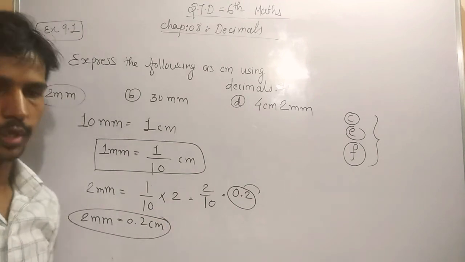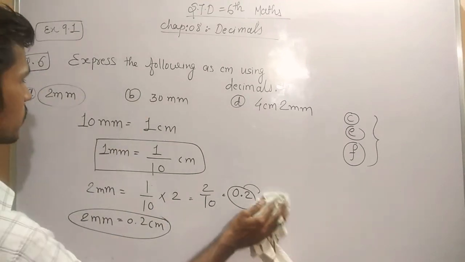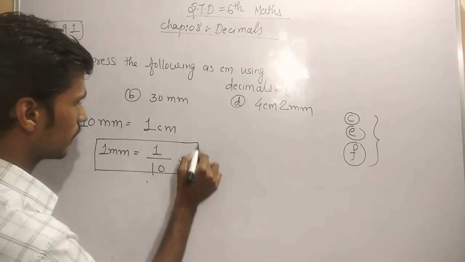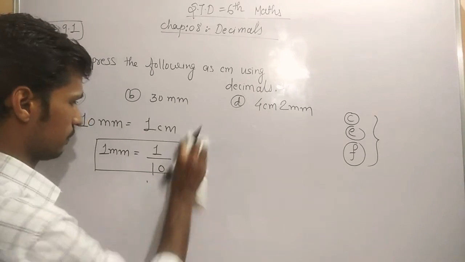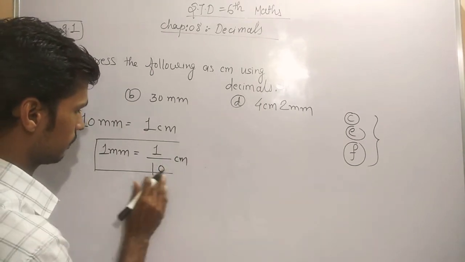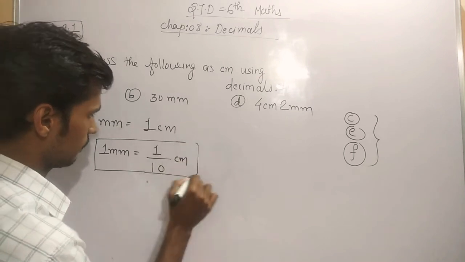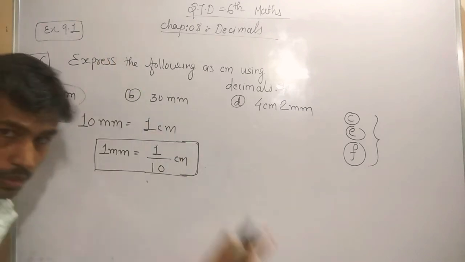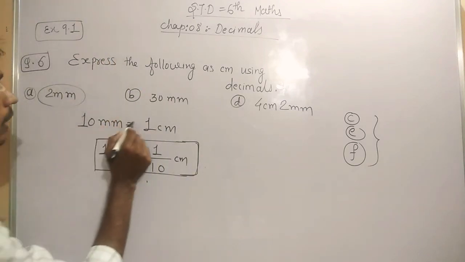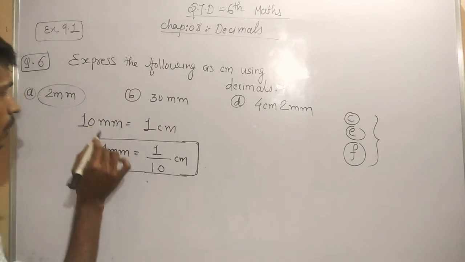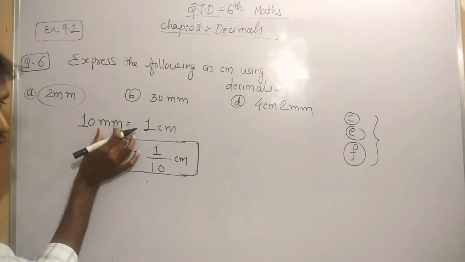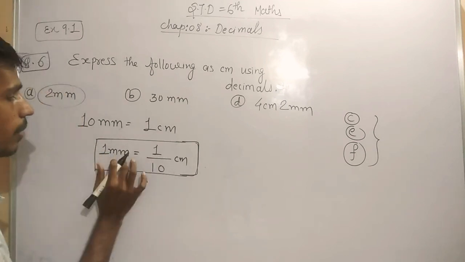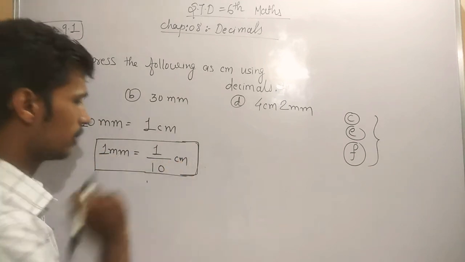Got it student? Okay. Let us see sum number 3. Here student, 30 mm. We know that 10 mm equal to 1 centimeter, and if I want to find 1 mm, then 10 goes to divide. So 1 mm equal to 1 upon 10 centimeter.